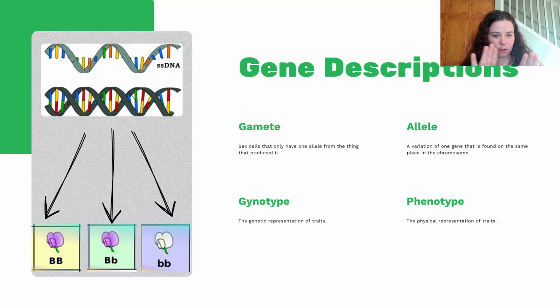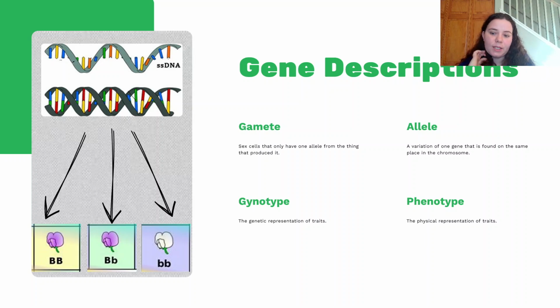We assign the genetic library that houses a particular gene an allele for every option that we can have. Big B, little b. The genotype is how those two alleles, how all this DNA stuff looks in the DNA, in the book.